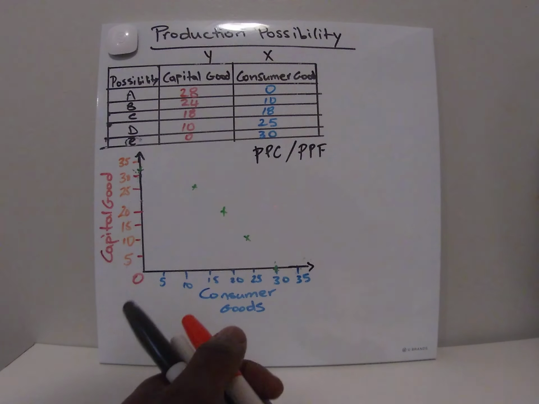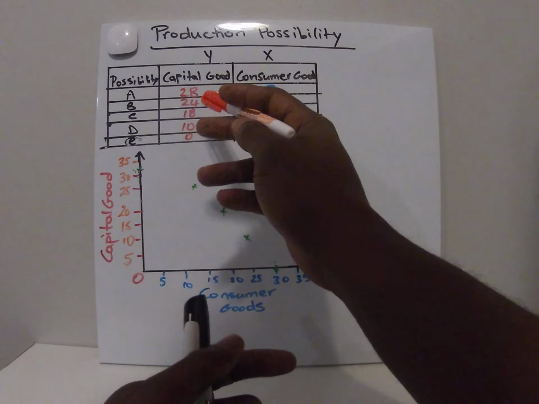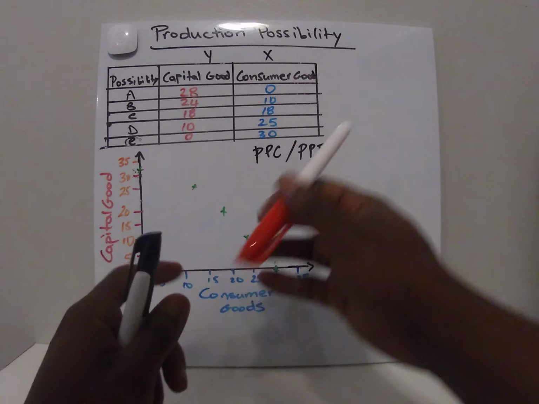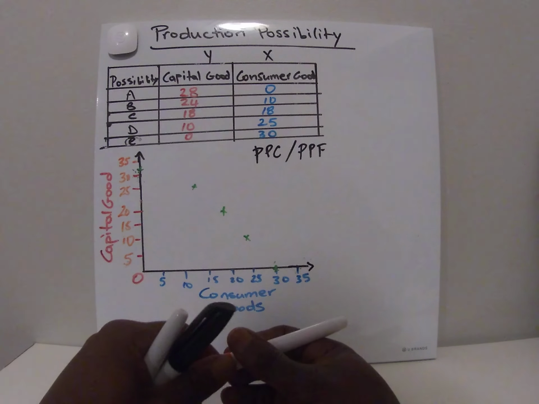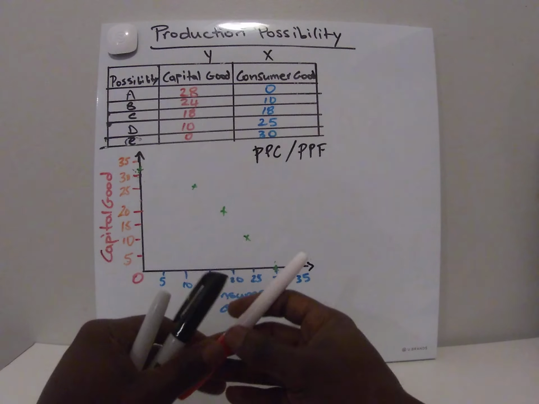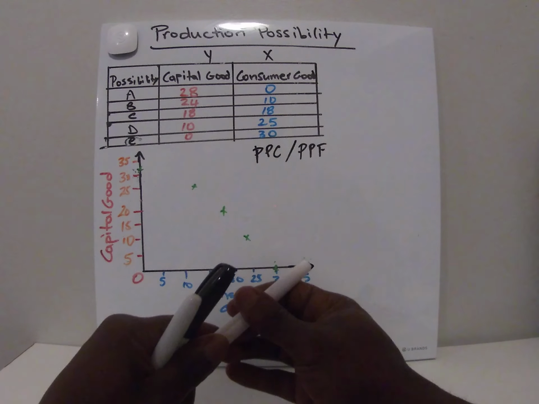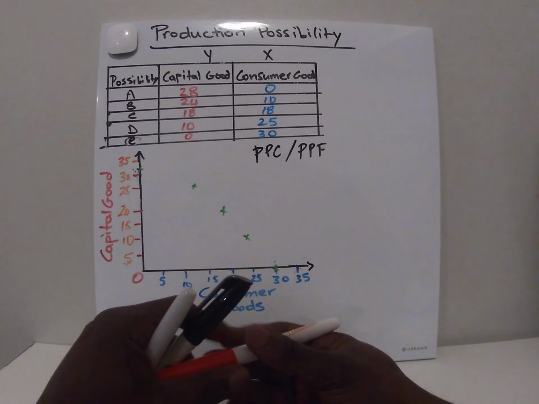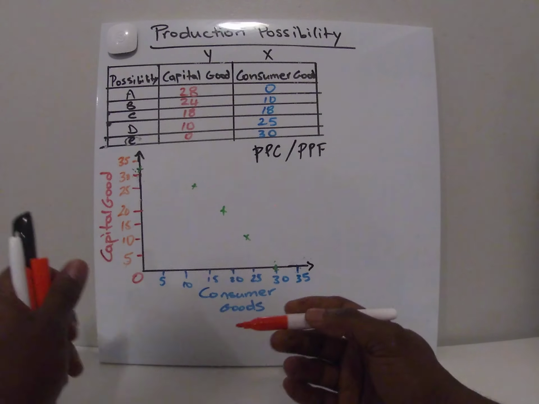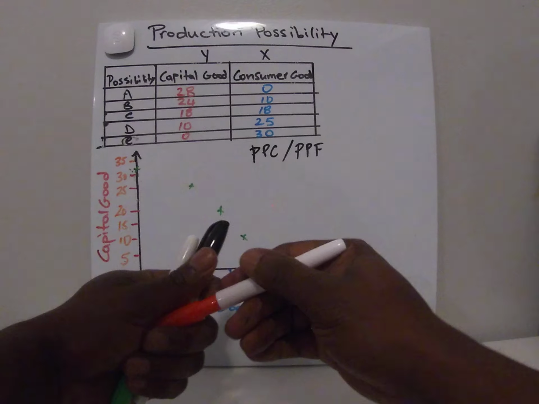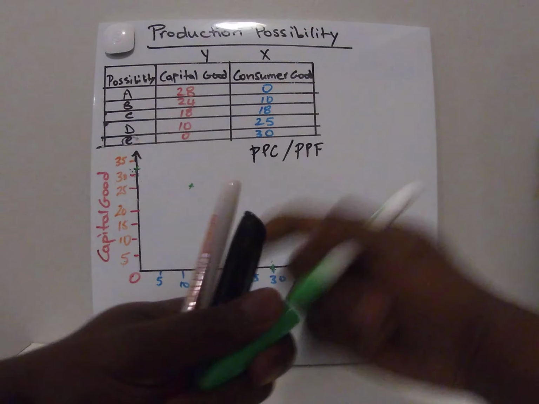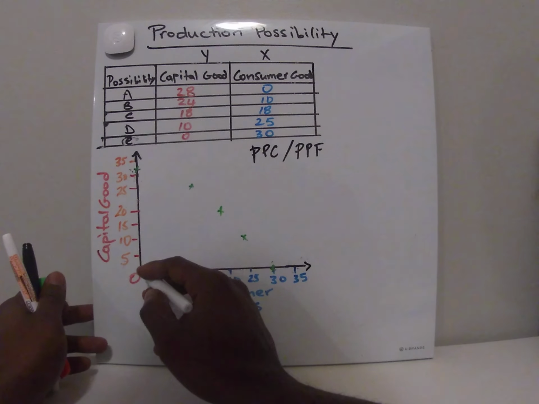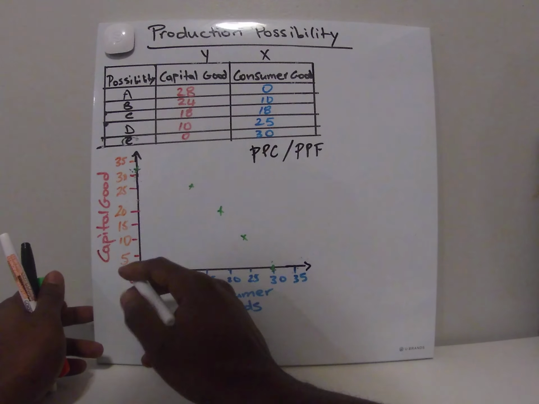So we're gonna plot our points. It is assumed that whenever we produce 28 capital goods, we will have 0 consumer goods, and vice versa. If we do 30 consumer goods, we'll have 0 capital goods. To plot our points, we're going to see what goes where. For 28 capital goods, we have 0 consumer goods.